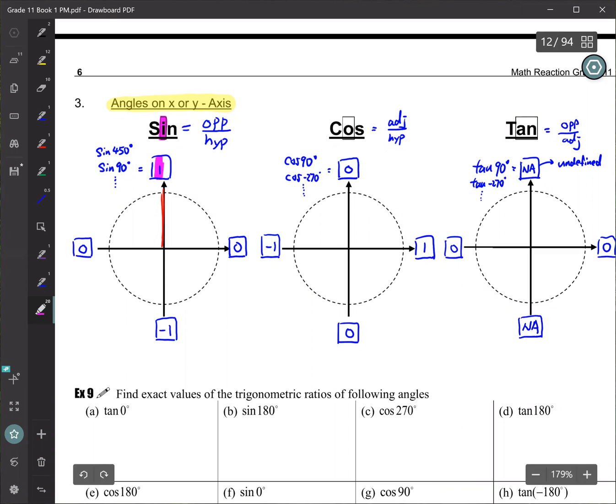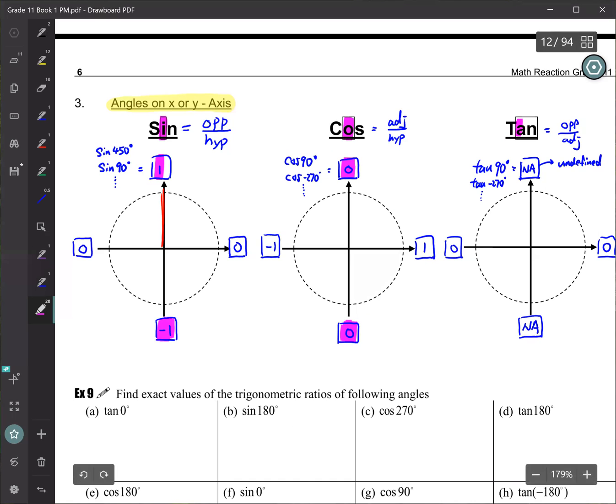So you get 1 and negative 1. Just a little trick to help you remember. Similarly cosine, you have O. O looks like the number 0. And so you have 0 in the middle. If you know the middle is 0 and 0, then the other two locations are 1 and negative 1.